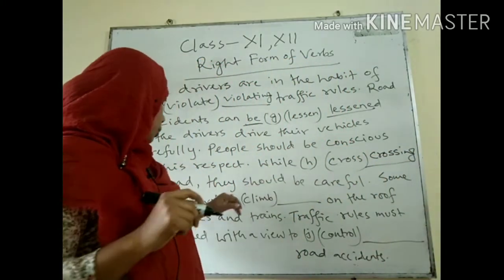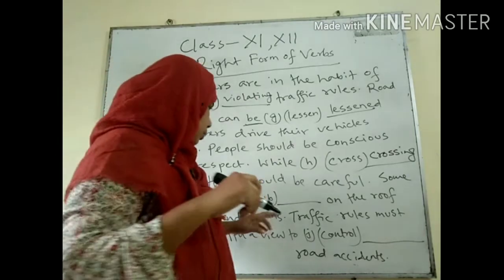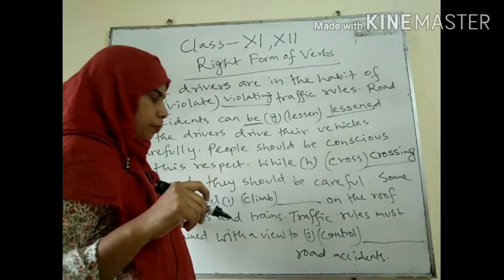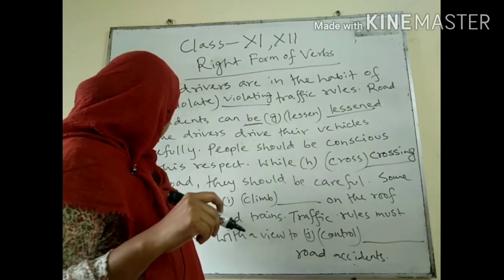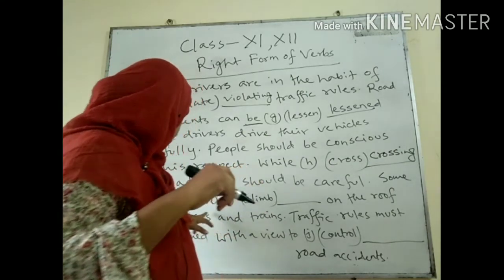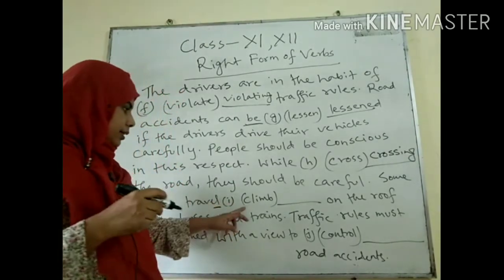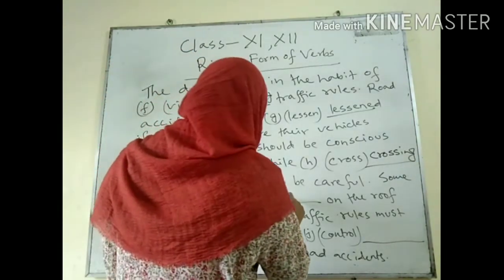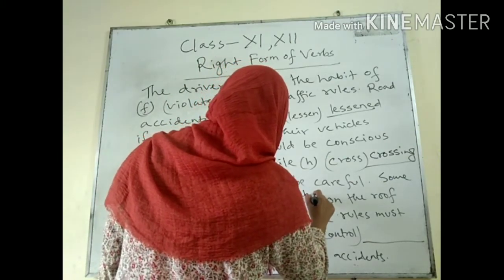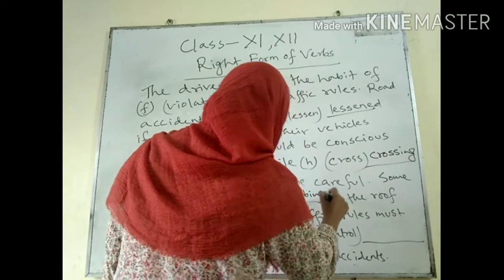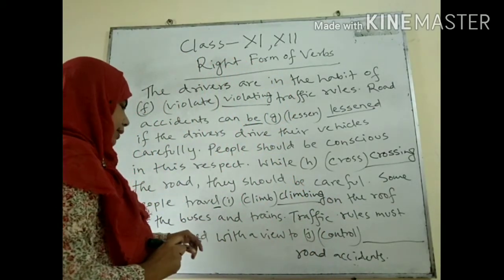While crossing the road, they should be careful. Some people travel. So, here the subject is some people, plural, and the sentence is in present indefinite tense. Some people travel, and here we have one verb, travel. Then the second verb we will do in ing: climbing. Some people travel climbing on the roof of the buses and trains.